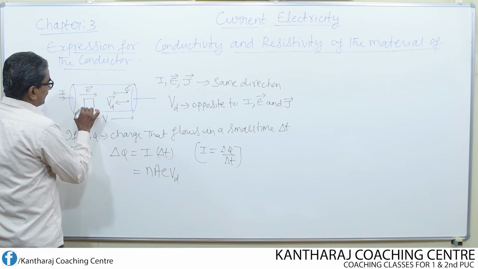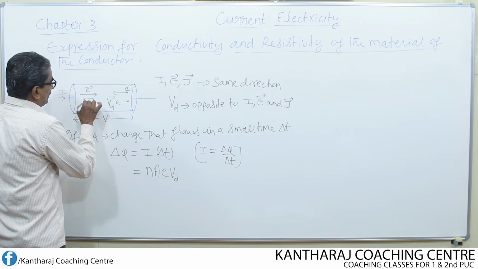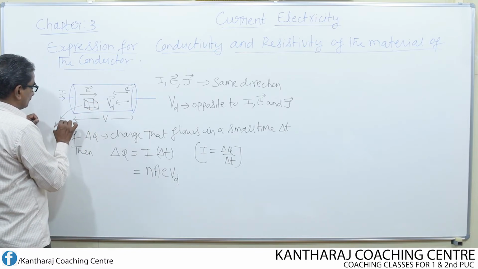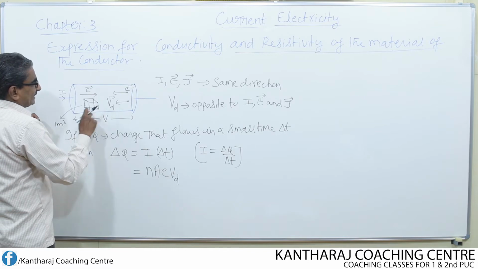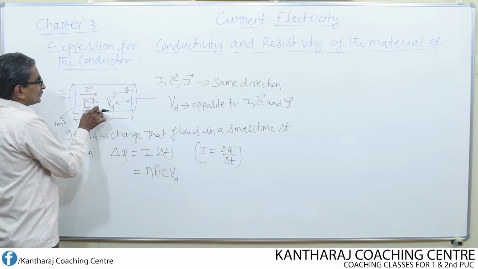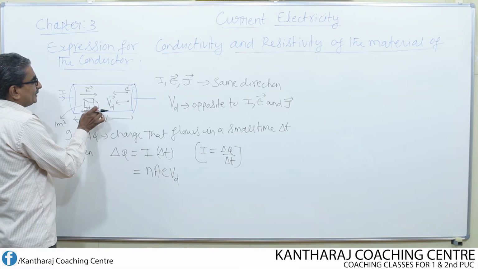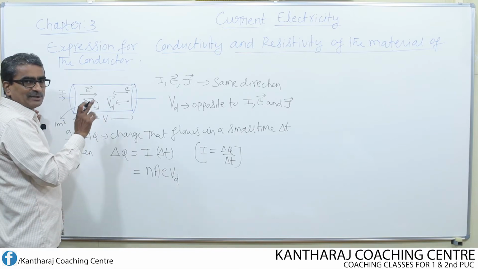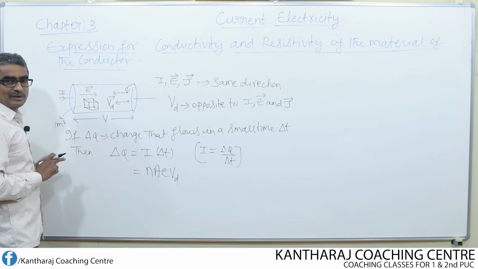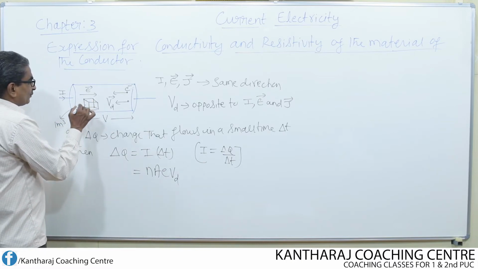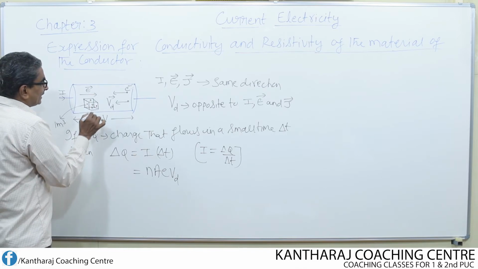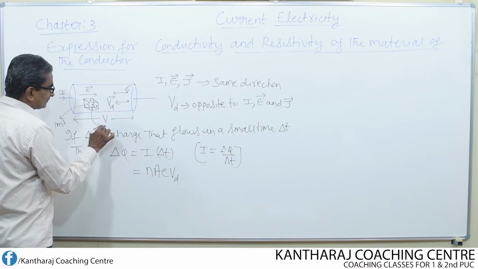Unit volume means 1 meter cube, with length, breadth and height each equal to 1 meter. In this 1 meter cube volume, the number of electrons present is nothing but N.